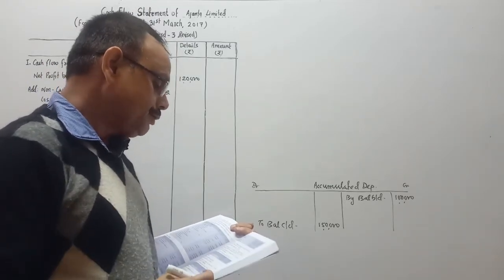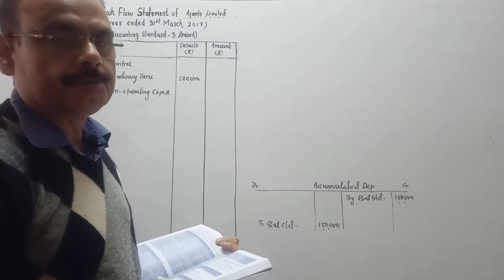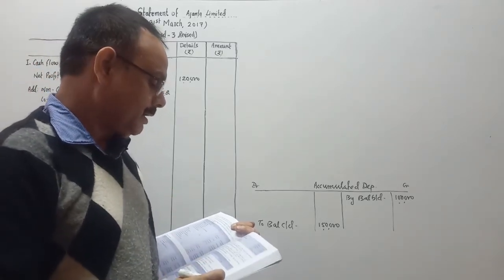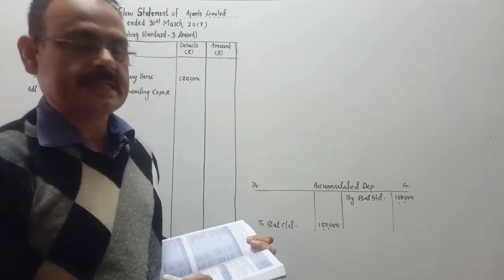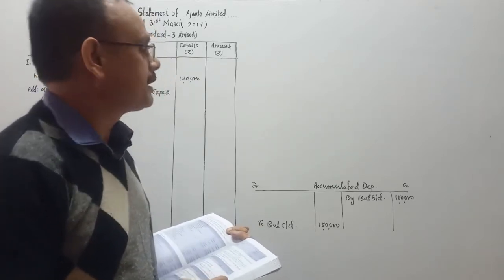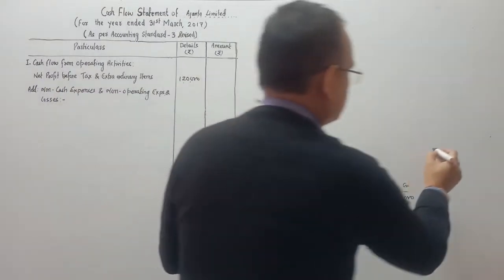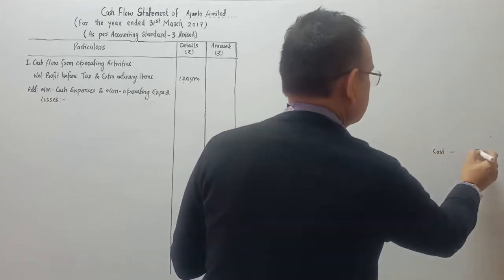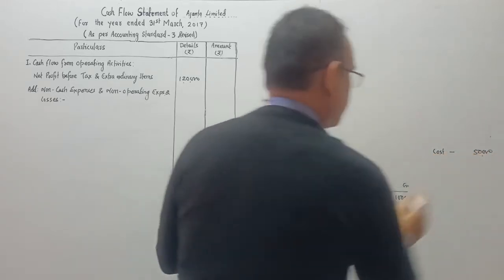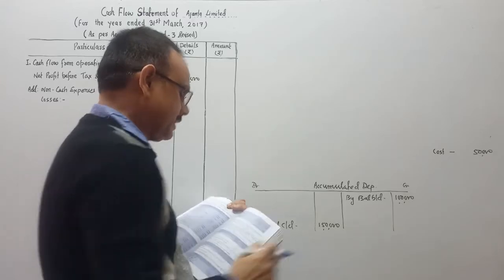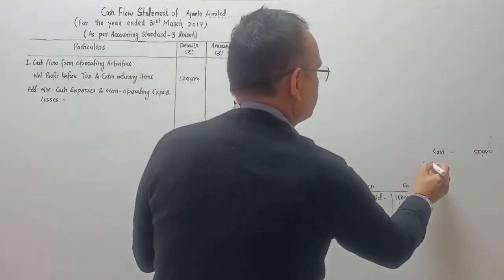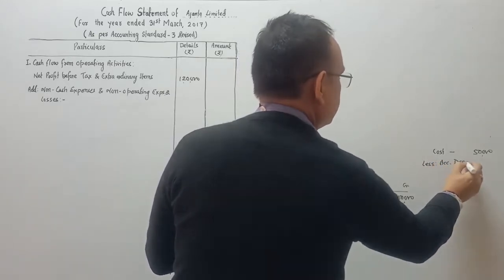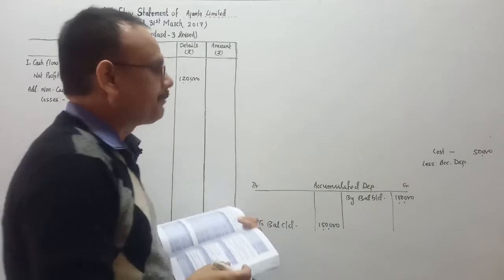Related to the depreciation, you see the additional information number 1. In additional information number 1, during the year 2016-17, machinery costing rupees 50,000, the cost of the machine is 50,000, and accumulated depreciation on this machine is given, that is 15,000.